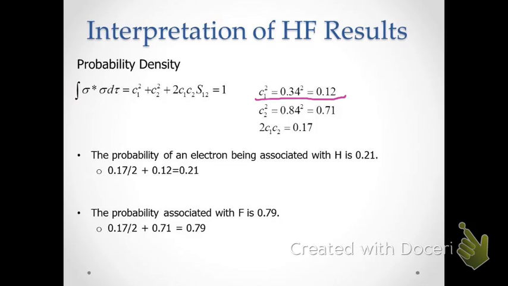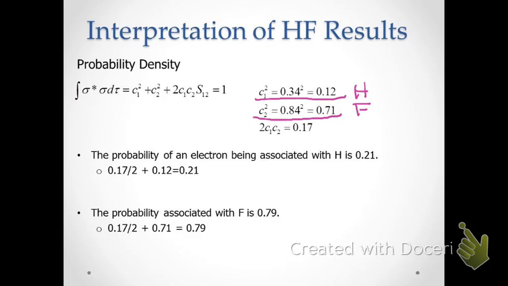If we square that, that represents a probability of finding the electron associated with the hydrogen of 0.12. The coefficient corresponding to C2 is 0.84. Squaring that represents the probability of the electron being associated with the fluorine.